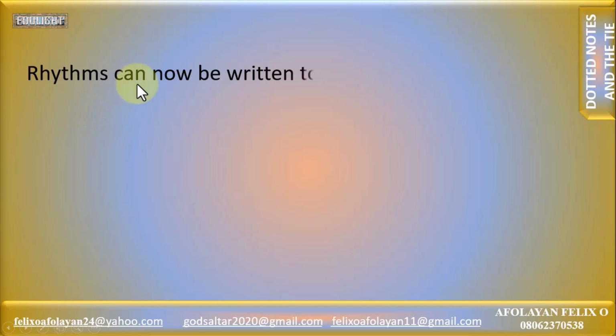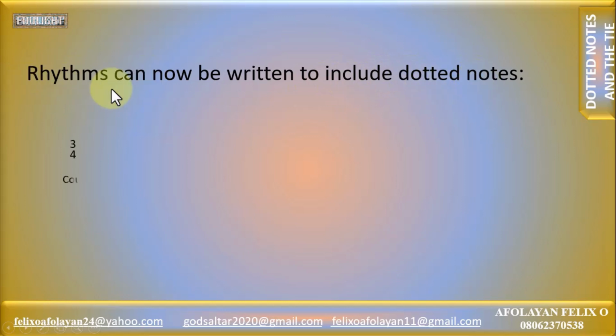Digits can now be written to include dotted notes. Let's take a look at this chart. By having 3, 4, which we are going to discuss later, this means 3 crotchet beats in each bar.